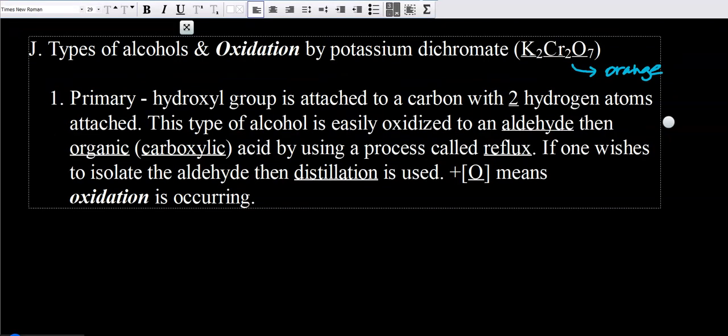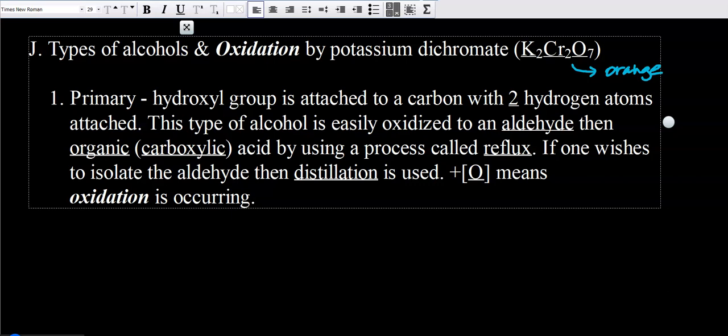We can see a picture of both of these apparatus on page 492 in your textbook. So we'll start with 492 at the top. That is distillation, a process where you heat up a mixture. The more volatile substance will evaporate first. You can run that through a condenser.